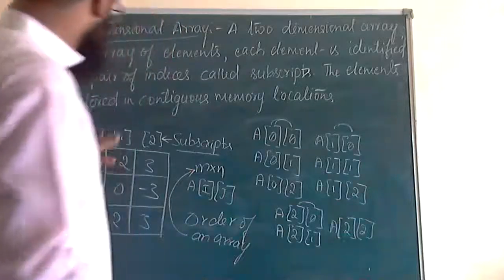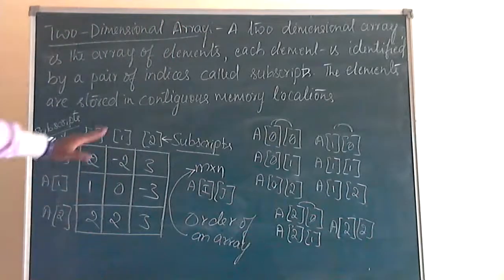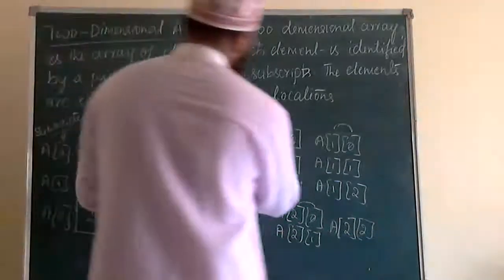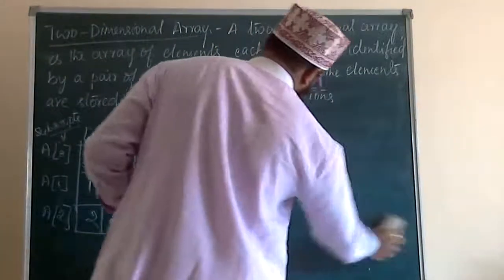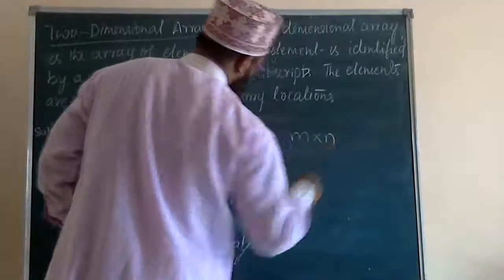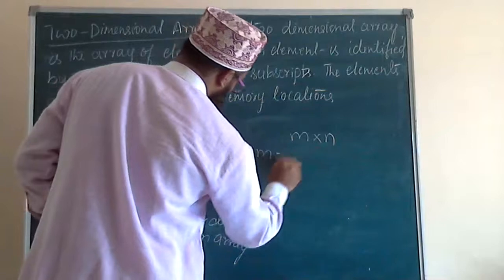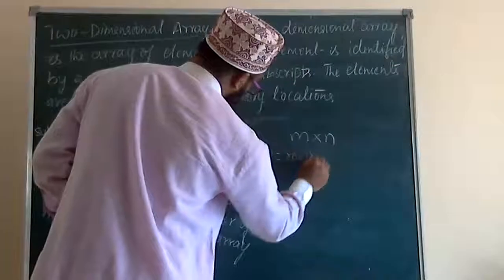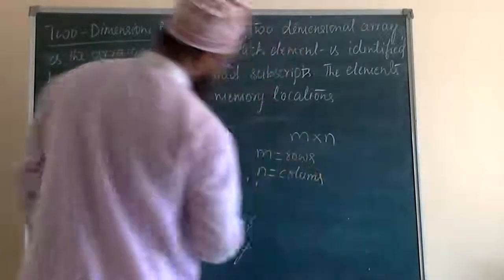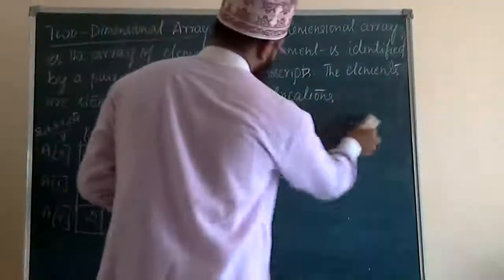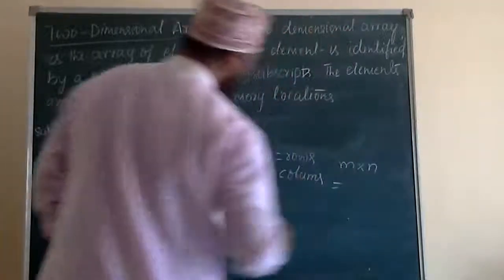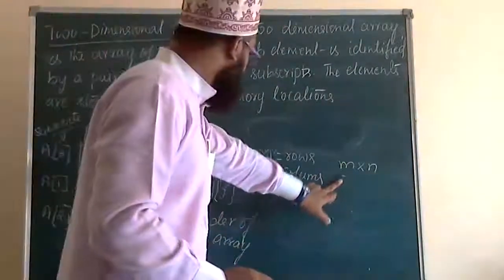Now take an example for this. What is the order of this array here? M into n is the order, where m is equal to rows and n is equal to columns. Don't get confused here.